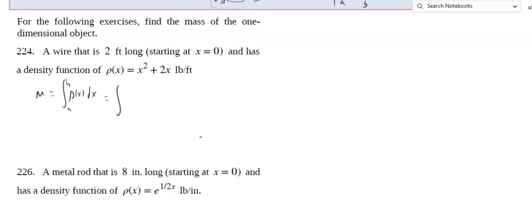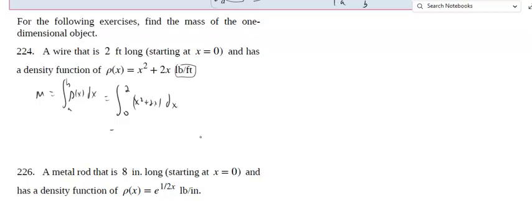In our case, that's the integral for a wire that is 2 feet long, 0 to 2, of x squared plus 2x dx, in pounds per foot. The only thing in this section you have to be careful with is the units. Make sure it's feet to feet, inches to inches, centimeters to centimeters, and meters to meters.